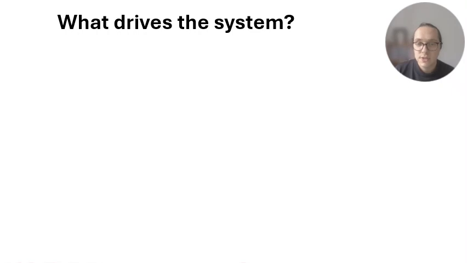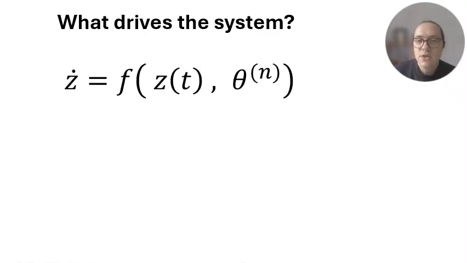In order to understand what's driving this resting state system, we can have another look at the neural model of the DCM. So this is the neural model again, this time in continuous form rather than in the form of the Taylor expansion, which I showed you on the last slide.